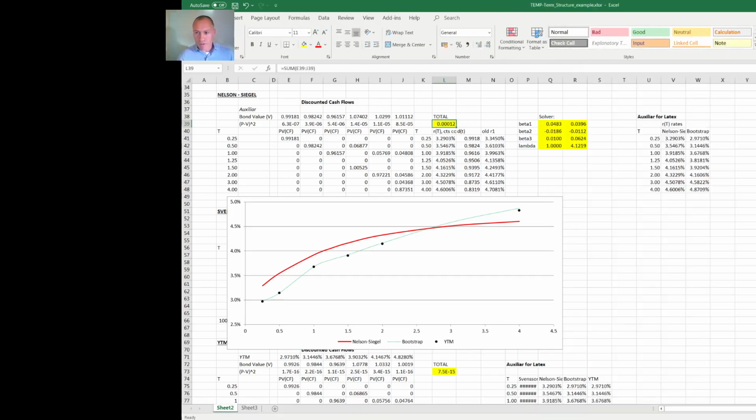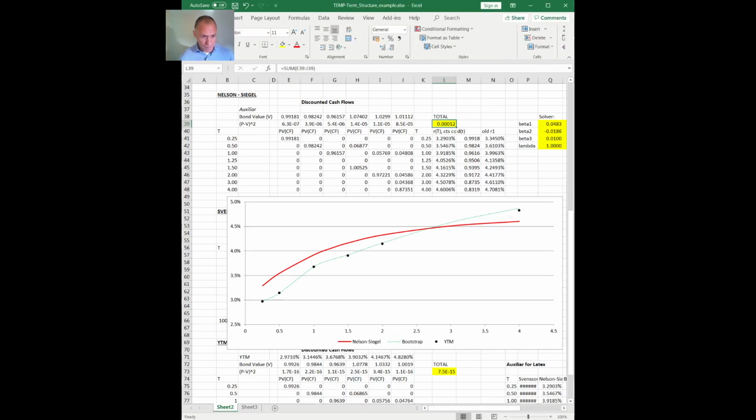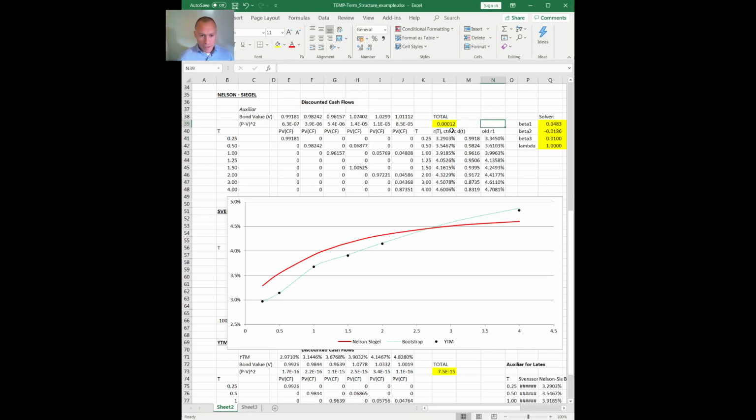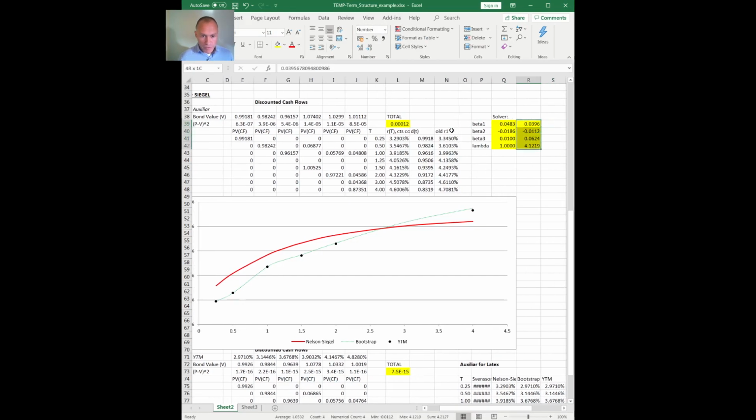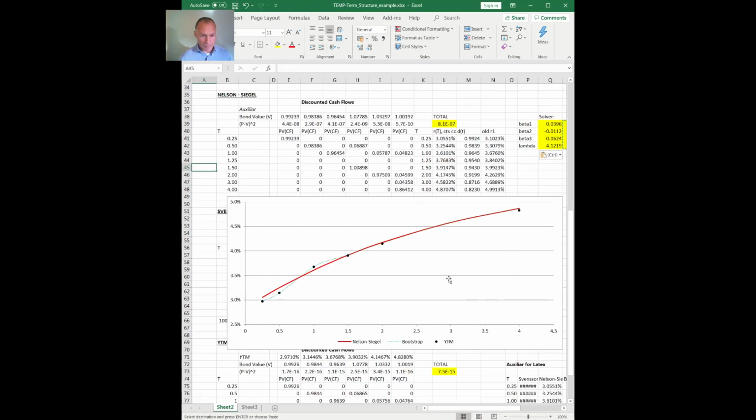I'm not sure if I even have solver here. I don't have solver on this computer, but you can try this at home. So if you do the solver here, you would find that the optimal values that come up are this. Okay, so this is the optimal curve, this red line that you see here.